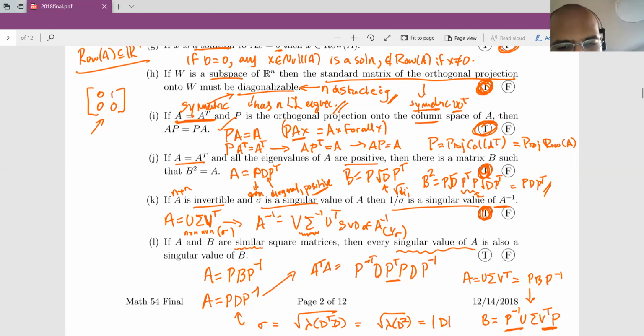There are tons of non-orthogonal matrices I could plug in here that could change this a lot. So in that case, do you think this is true or false? That'd just be false, right?